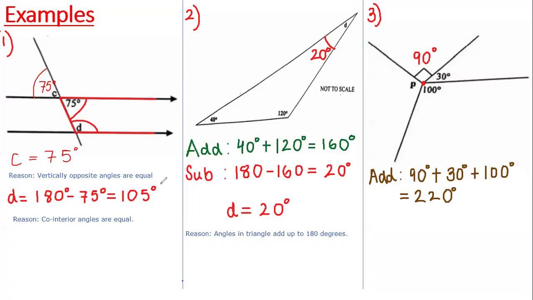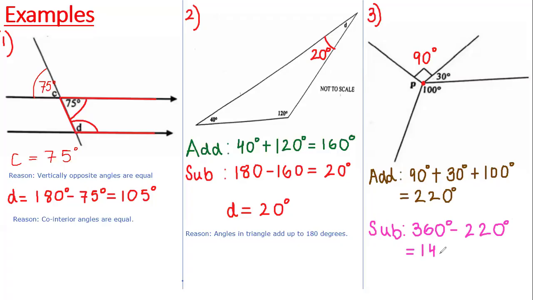What are we going to use to subtract it? 360 degrees. What's the reason? Angles around a point add up to 360 degrees. So 360 minus 220 gives us 140 degrees.